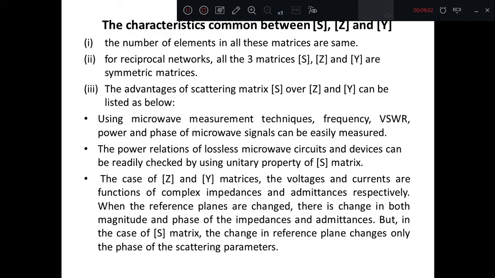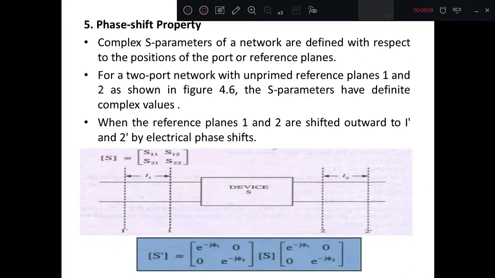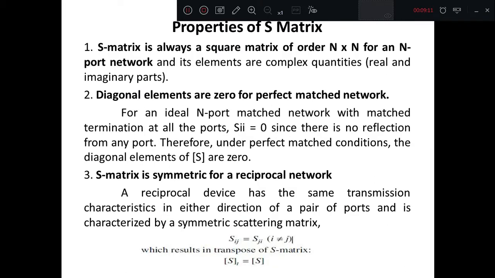Right? So this is about today's concept. We started with the parameters of the S matrix. The S matrix is always a square matrix of size n cross n. The diagonal elements of a perfectly matched network are always 0.